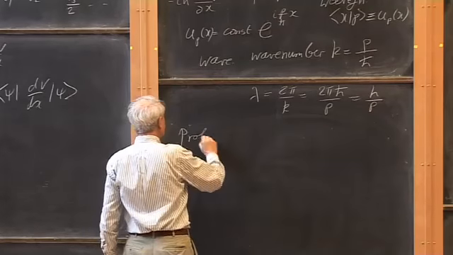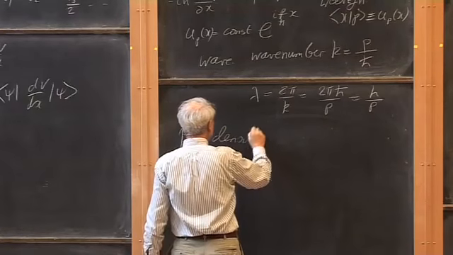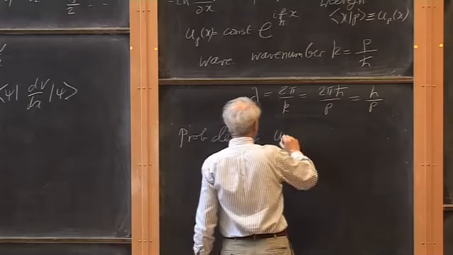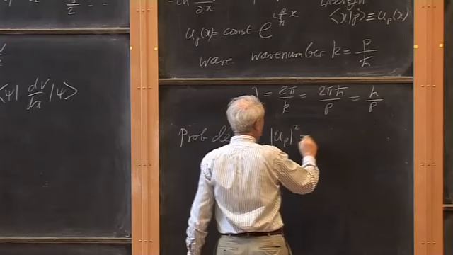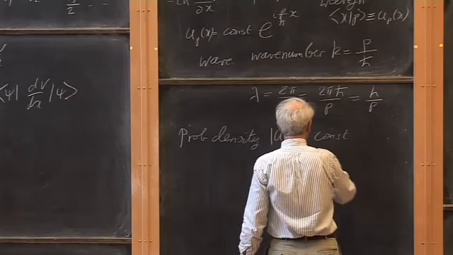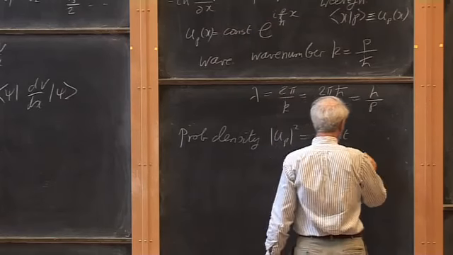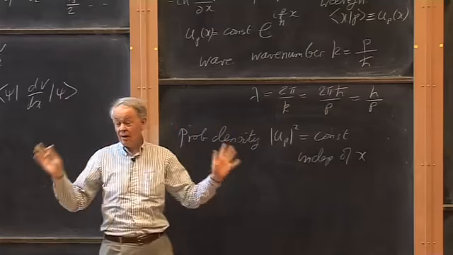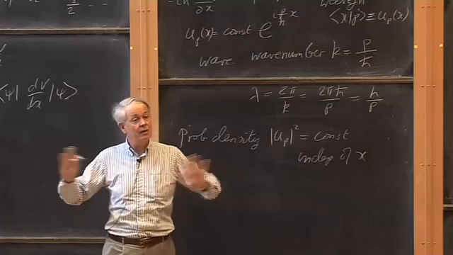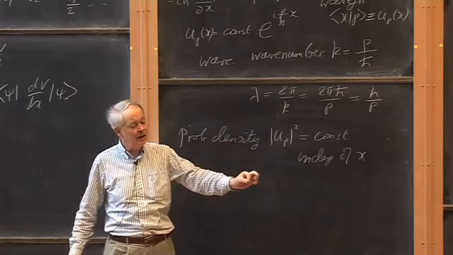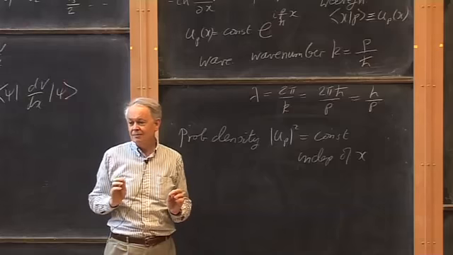So the probability density, which is u_p squared, is equal to some constant, which is independent of x. In other words, you know absolutely nothing about the location of your particle. Absolutely nothing. It's as likely to be here as on the other side of the universe.